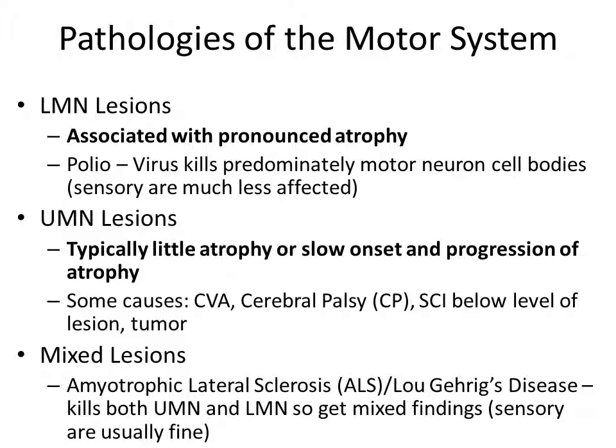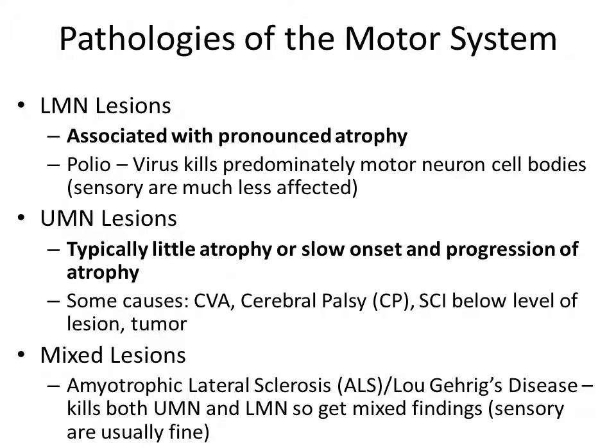But to give you some ideas of different types of lesions, polio is a lower motor neuron lesion. The polio virus, for whatever reason, attacks lower motor neuron cell bodies. It has limited effect on sensory neurons. I don't know why, I can't explain that, but it seems to focus its attack on motor and lower motor specifically.